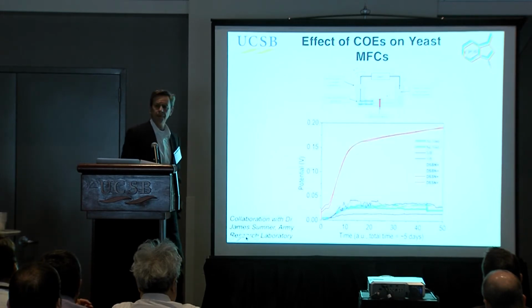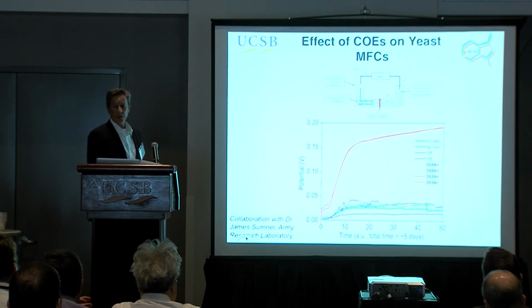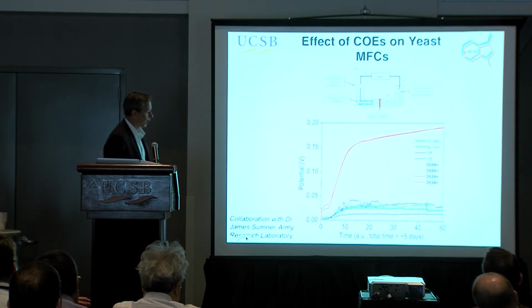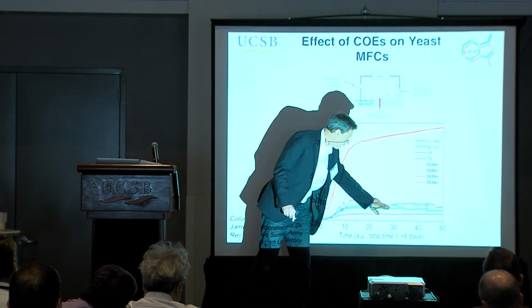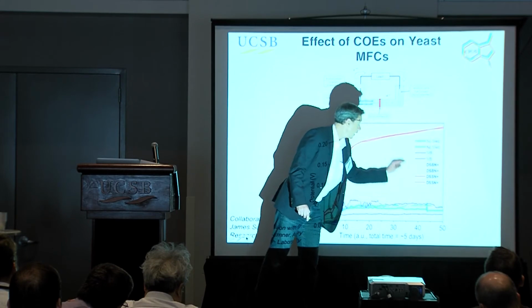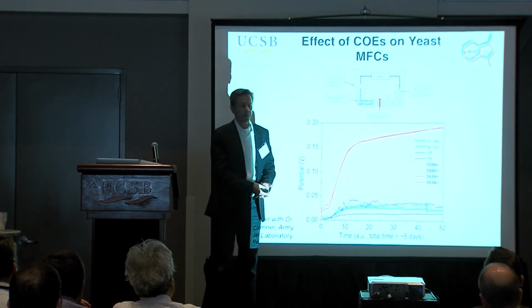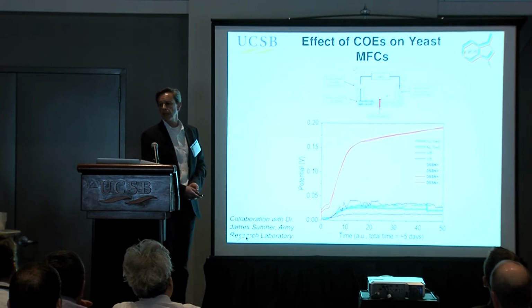And so with Jim Sumner at the Army Research Lab, we worked on these types of cells. And this is proportional to the current that's generated. This is the yeast microbial fuel cell without any modification in green. And in red is the same yeast that I showed you that had been labeled. So you can see there's a dramatic increase in the amount of current that's being generated.